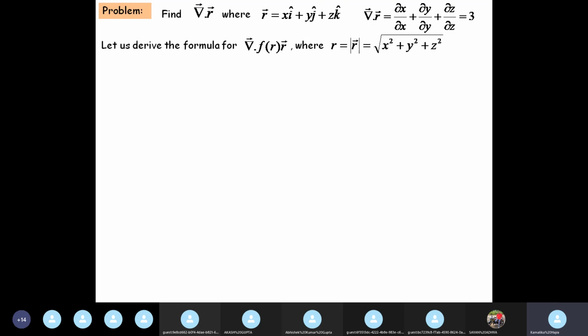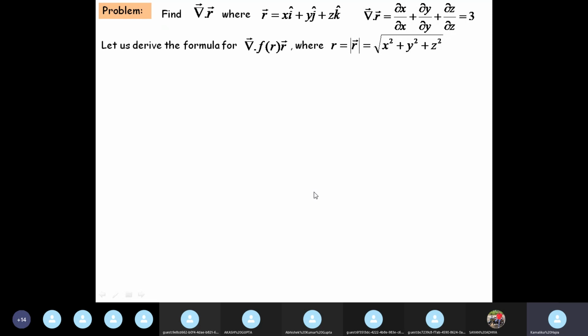So whatever form of f(r) is given, if you're asked to find the divergence of f(r) multiplied with the r vector, where r is of course this, then you simply have to derive this formula.